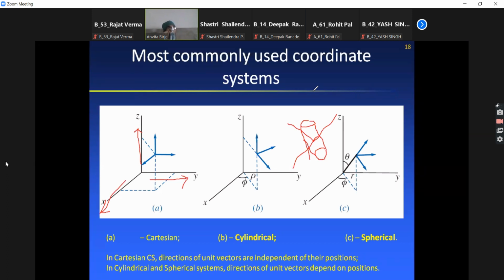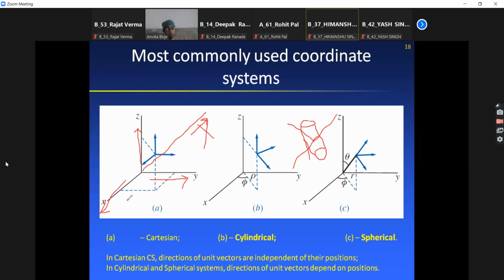But always remember, the direction of a unit vector will always be along the increasing value. Just as here there is x, there will also be -x here. This will be -x. a bar x will never be in this direction. a bar x will always be in the positive increasing value of x, y, z.